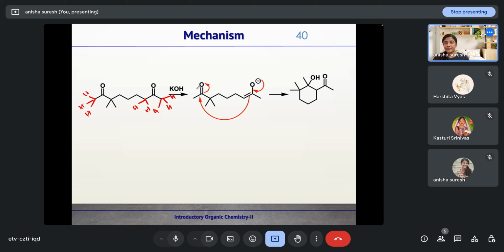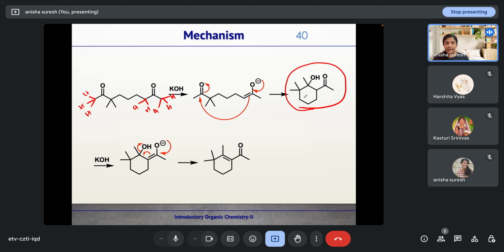But here majorly these protons will be abstracted, leading to this enolate, and once it is falling back, this carbon-carbon double bond will attack the other carbonyl, leading to formation of this OH here. So this product will be majorly formed, because formation of six membered rings is more feasible than formation of higher ring systems like 8 membered or 7 membered.